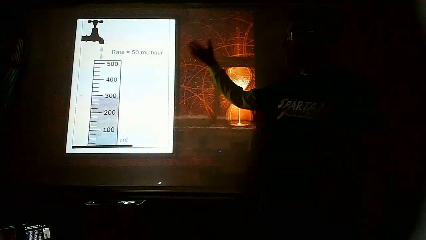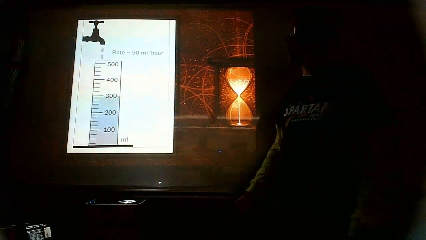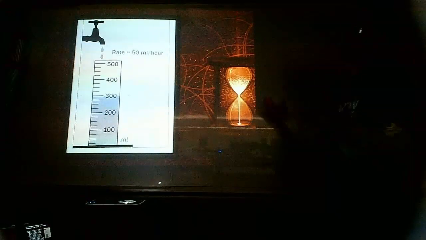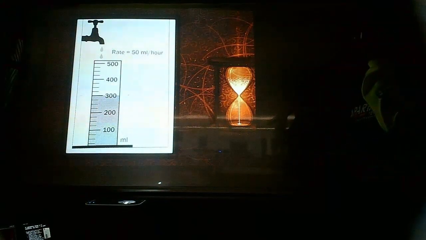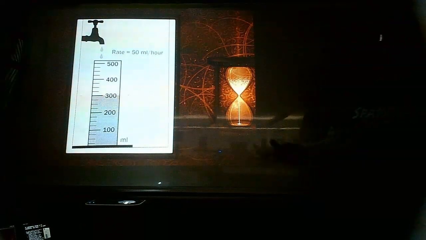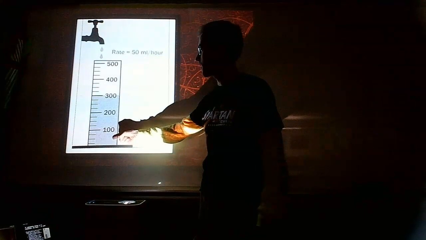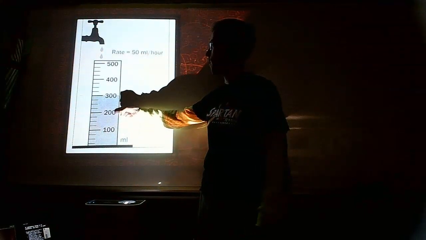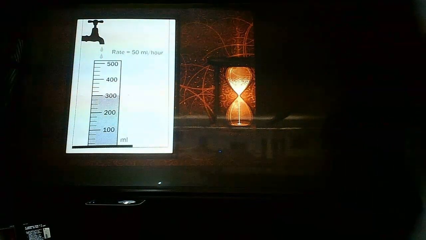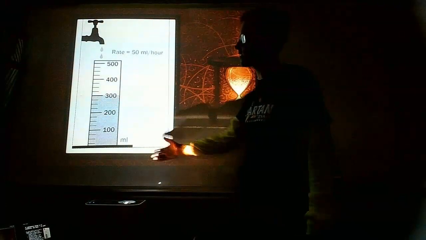Maybe you measure it in the present to be dripping at a rate of 50 milliliters per hour, and you observe that it's at 300 milliliters when you come across it, but you have to assume a ton of things for your dating method to be accurate. You'd think, okay, 50 milliliters per hour, that would be 1 hour, 2, 3, 4, 5, 6 hours. But, again, you don't know that for sure, because you're assuming the drip rate has been constant this whole time.